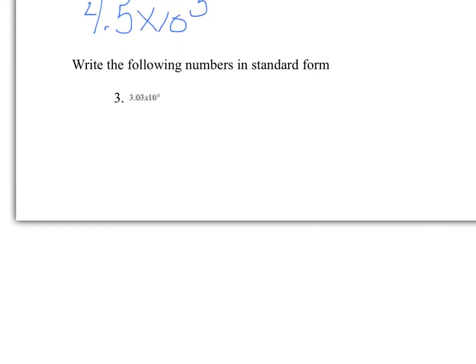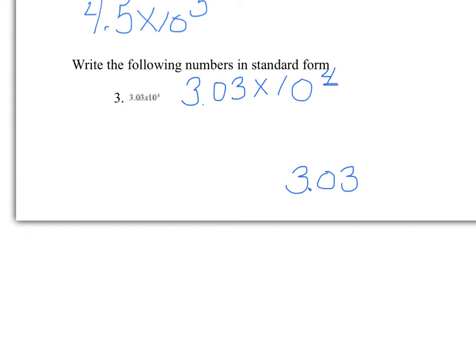So now we're going to look at 2 problems where you have to go from scientific notation into standard form. And I know mine are a little blurry, so I'm going to go ahead and actually rewrite it for us. So this is 3.03 times 10 to the 4th, I believe. Yes. So I'm going to take my number and rewrite it down here, the 3.03 in front of the multiplication sign.